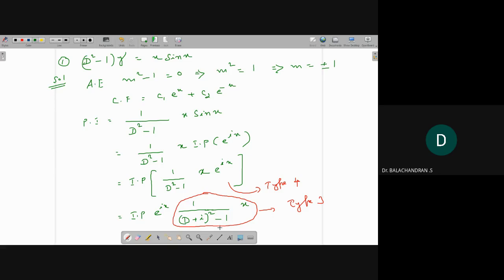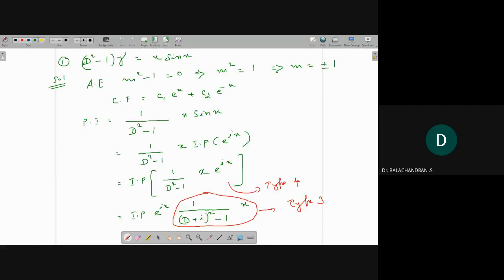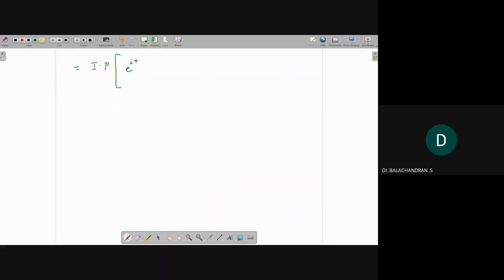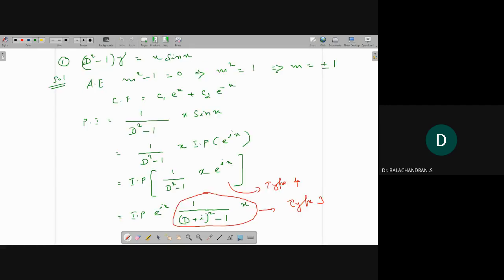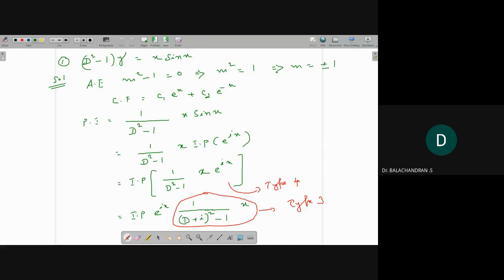Expand the denominator first: imaginary part of e power ix into 1 by (D plus i) whole square minus 1, that is D square plus 2Di plus i square, and then minus 1, into x.